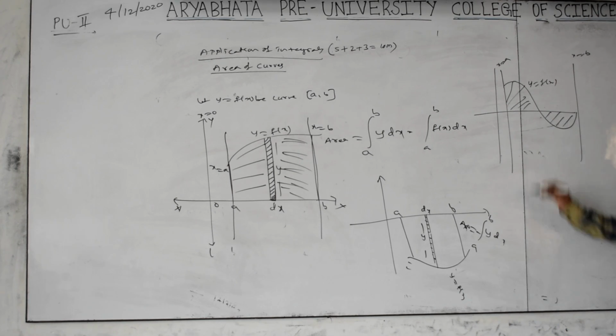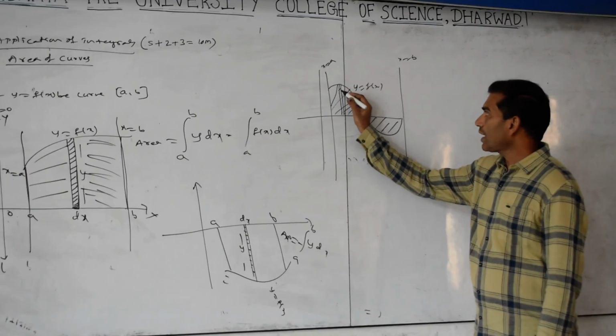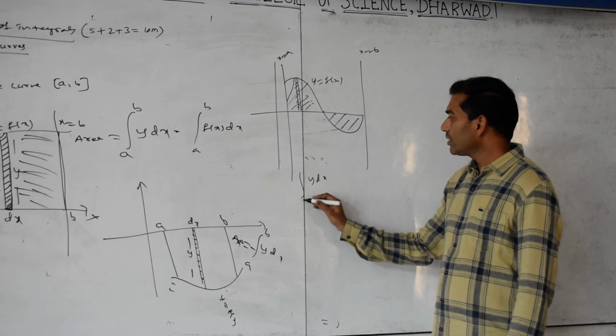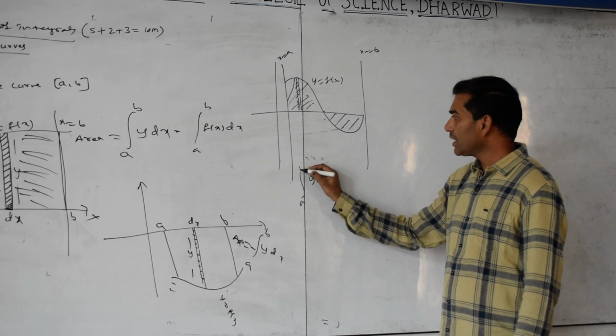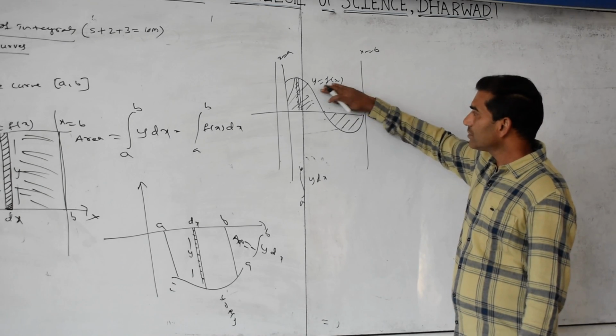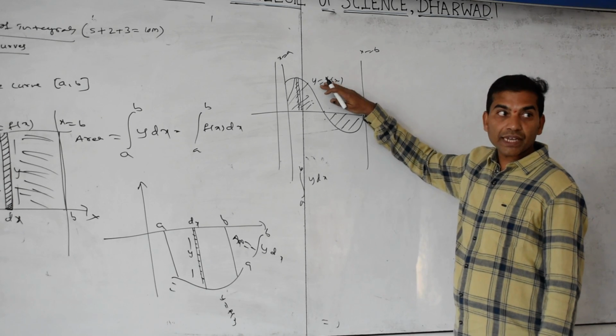Here, don't take a single small strip y dx from a to b. Tell me, a to b, if you take it, you will lose this part. This part also will be counted. But don't take a to b.